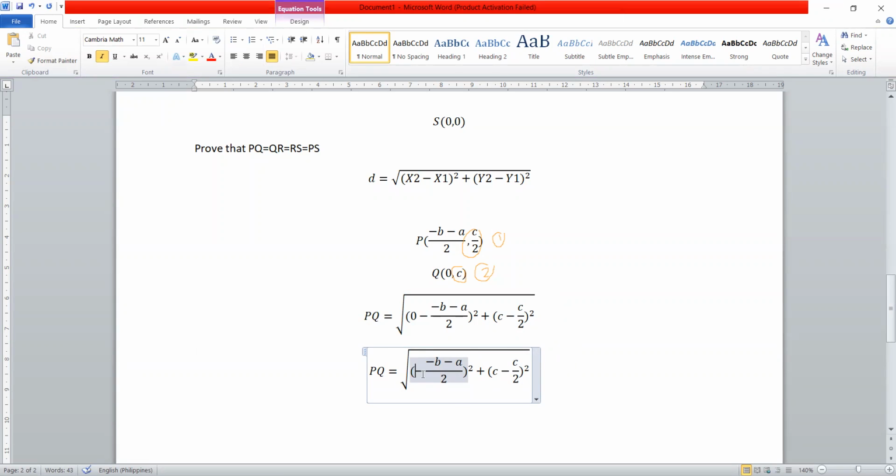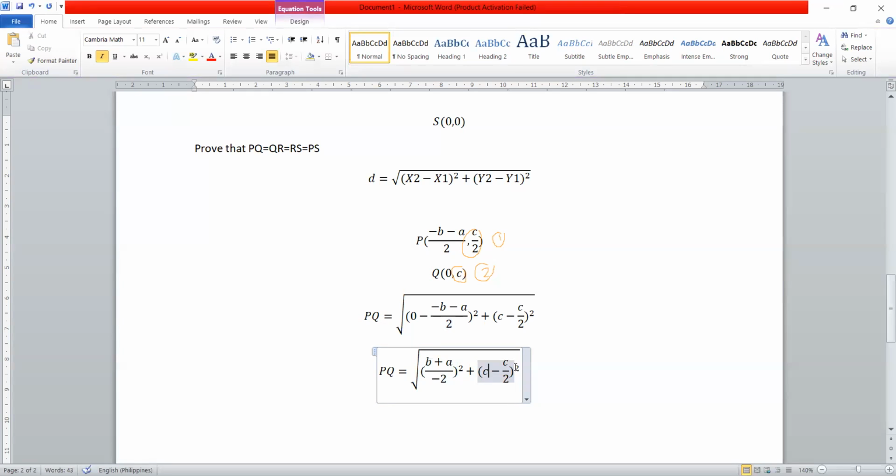When you have a negative sign, the variables that follow the negative sign will have the opposite sign instead. Negative times negative is positive. So that will become b plus a, divided by negative 2, squared.